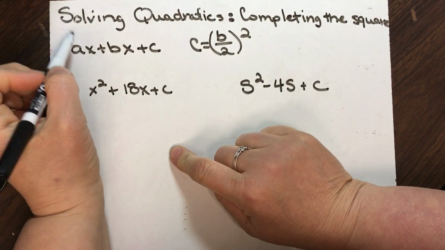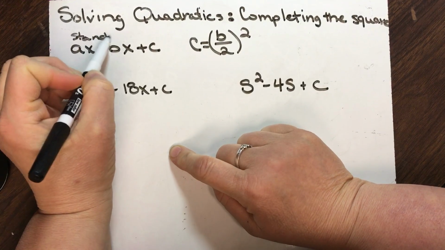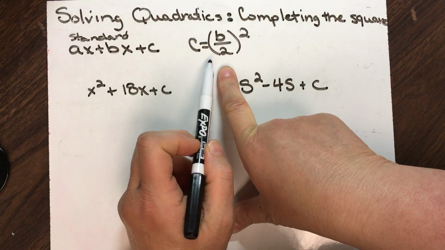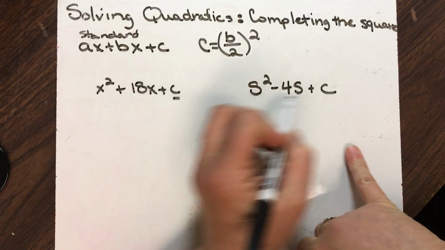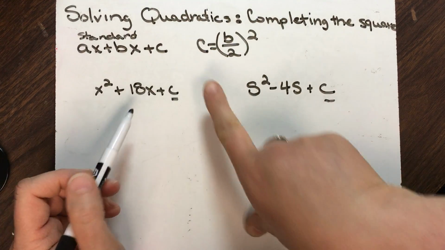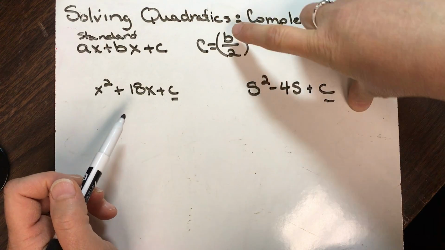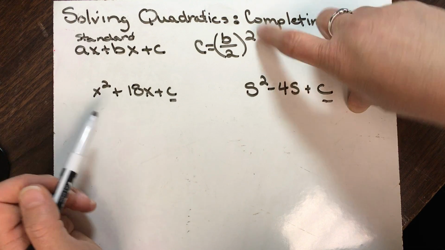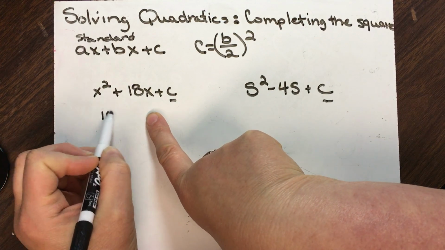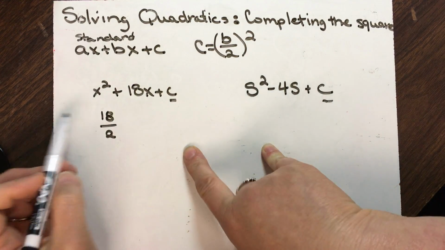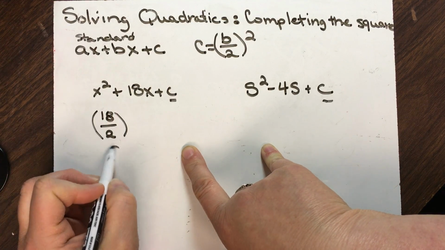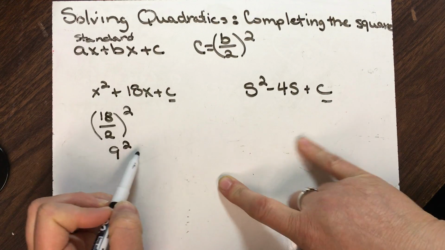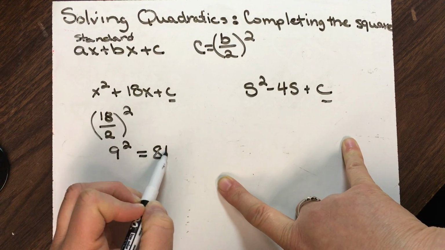Alright, so this is our standard form. This is something that we should be used to. And we're going to use this form to help us find this value here. So we have c equals b divided by 2, and then we're going to square it. So in this case, I have 18 divided by 2, that's 9, and then we're going to square it, so 9 squared is 81.